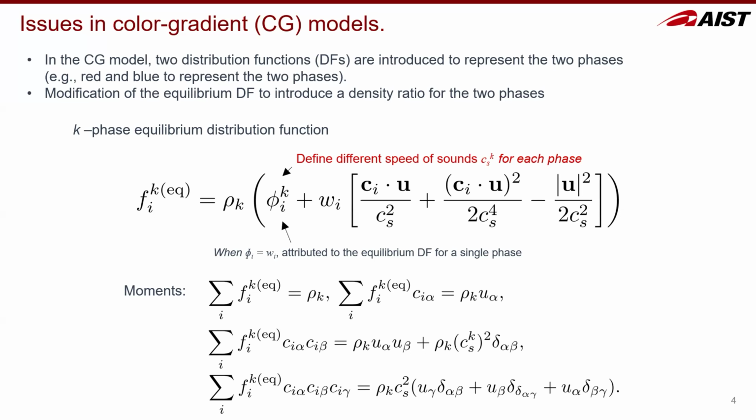This term, phi, corresponds to the usual lattice weights, which reduces to the usual equilibrium distribution functions for single phase flows. But this term defines a different speed of sound for each phase, and here I show several moments, including the zeroth, first, second, and third order moments.